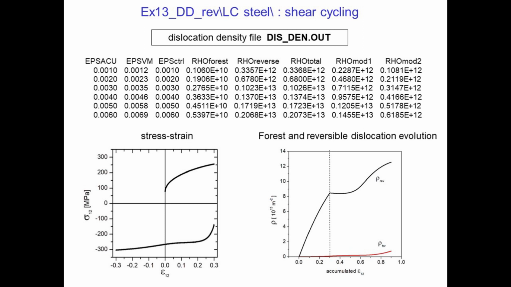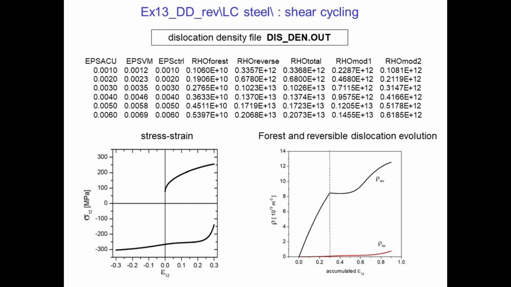And then there is a file, this then.out, as a function of the deformation. This is the component 1, 2, but this is the von Mises strain. This is the control strain. So this is the 1, 2. You have the average rho forest, average rho reverse, and this is the rho total, which is the sum of these two lines.